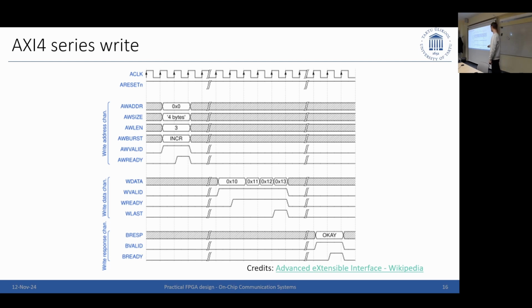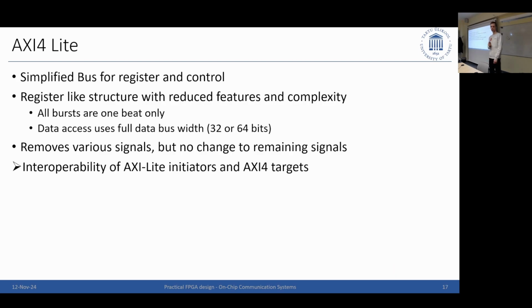So it's a simple protocol, quite advanced, and quite efficient. AXI Lite is basically a simplified bus for register access and control of a system. It is not meant to transfer any significant data.